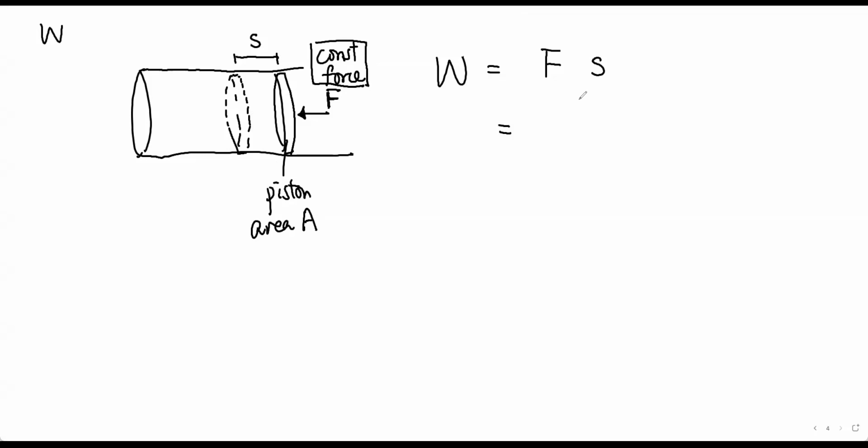How can the force relate to the area? You learned it in GCE. Pressure, force over area, is the pressure. So force can be written as pressure times area. So this is the gas pressure.